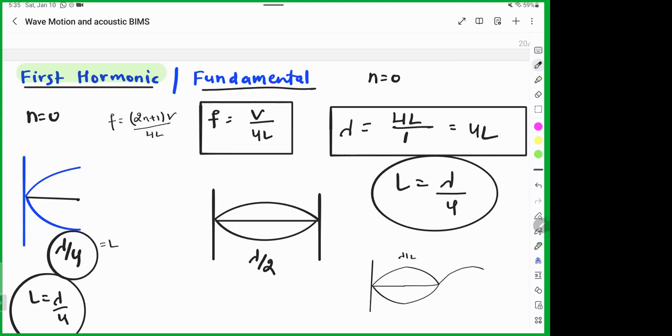Same lambda by 2, one more like this. This is also lambda by 2. Total length lambda. Correct? That's why we said lambda is equal to 4l.